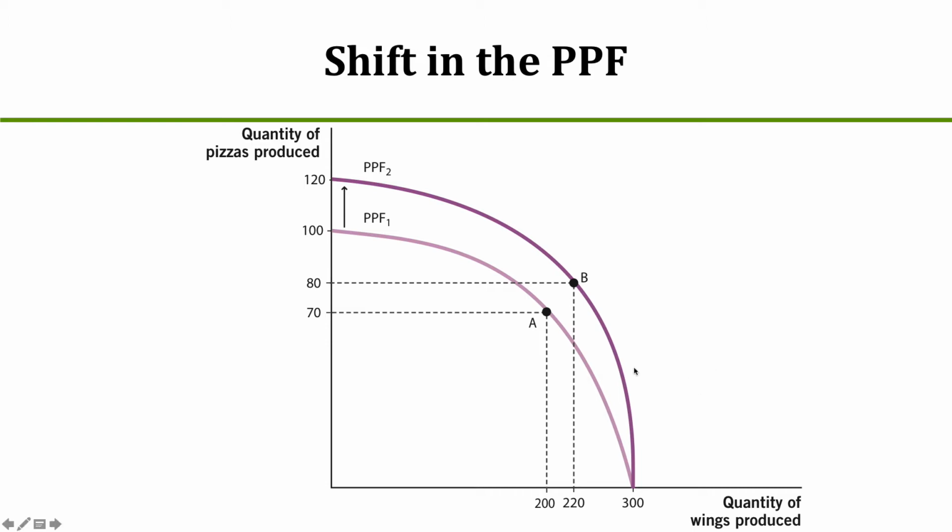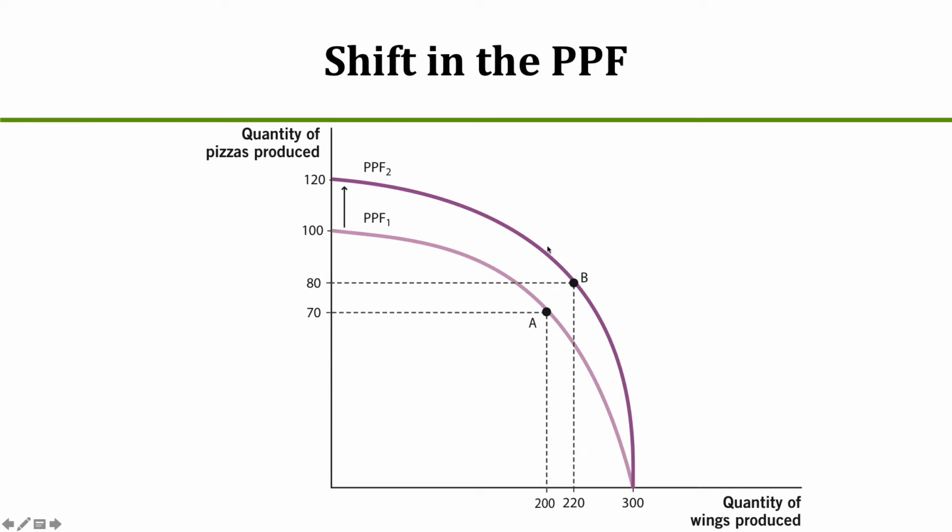So what I mean is, this country might have been on a point like point C here, as the mouse pointer shows. If this was the case, this country was going to produce 90 pizza and again the same amount of wings.